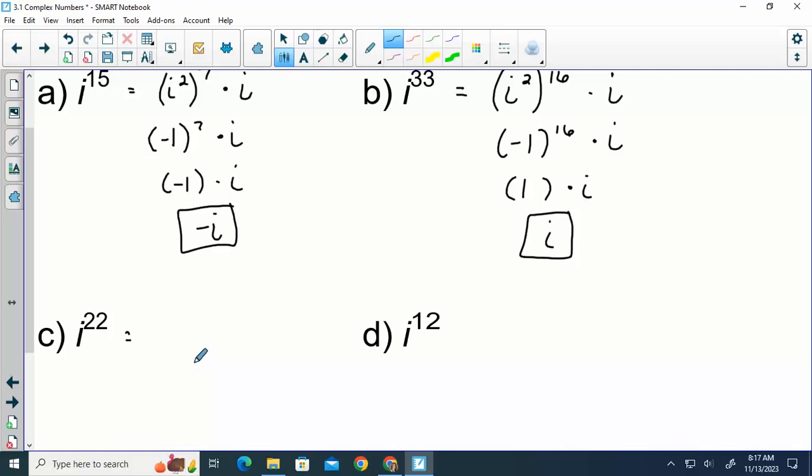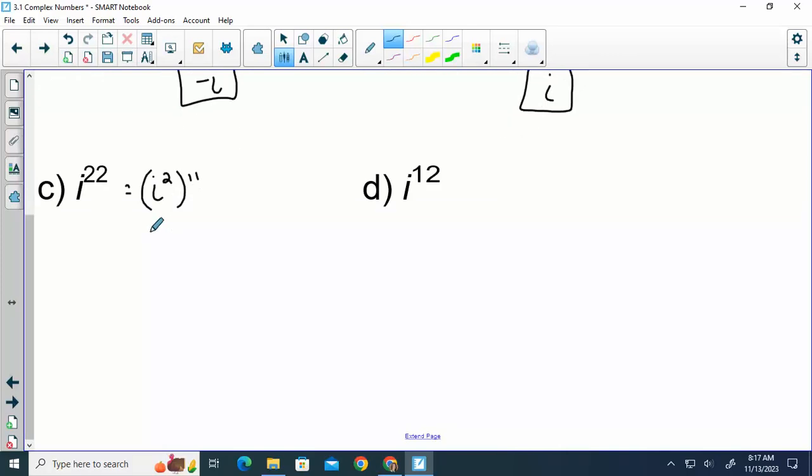I to the 22nd power. I squared to the 11th. 2 times 11 is 22, so there are no remaining i's. I squared is negative 1. What is negative 1 to the 11th power?